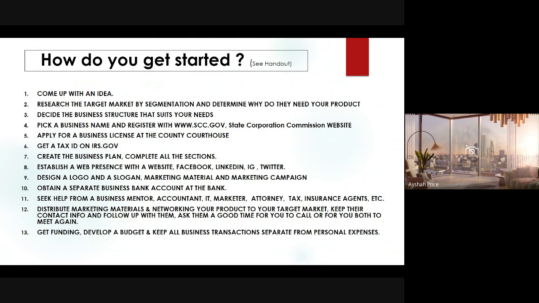Lastly, getting funding and developing a budget. We talked about keeping everything separate, but really getting that funding. If you are interested in getting funding, I'm going to show you some websites, the SBA website, which we're going to go over. And that website talks about your business plan. It talks about funding. It talks about government contracting. So I'm going to show you guys that website after we take a break.